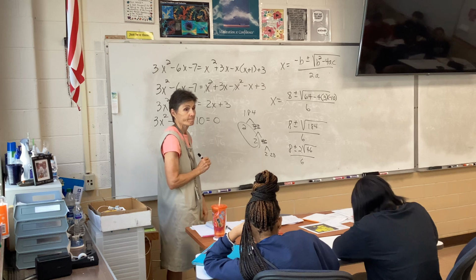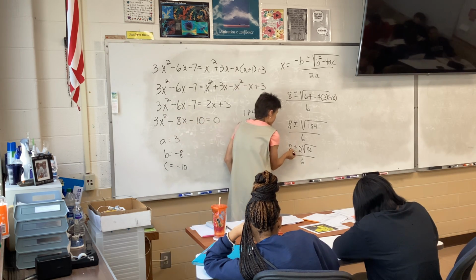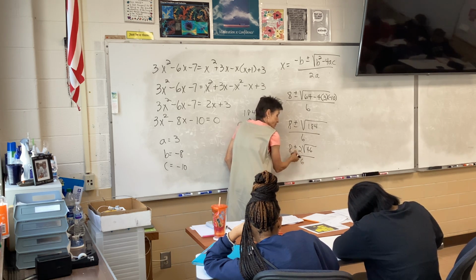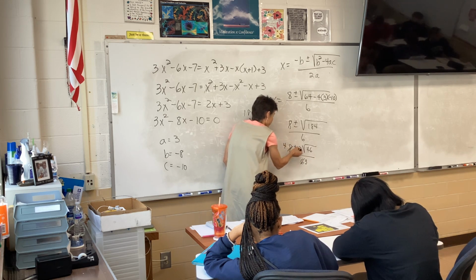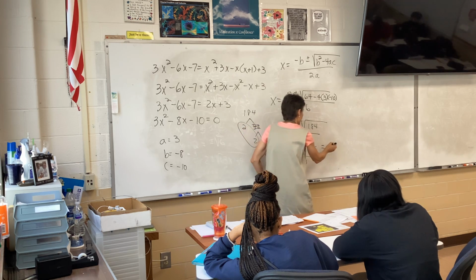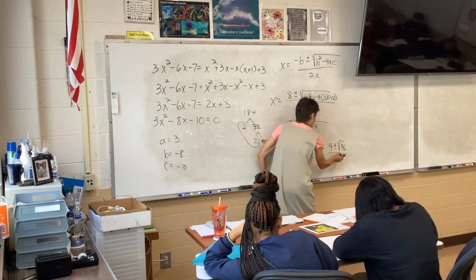Now you can cancel. See how all three parts have a 2 in common? The triangle of cancellation. So we can cancel all three parts. This is going to become a 3, a 4, and a 1. So our final answer is 4 plus or minus the square root of 46, over 3.